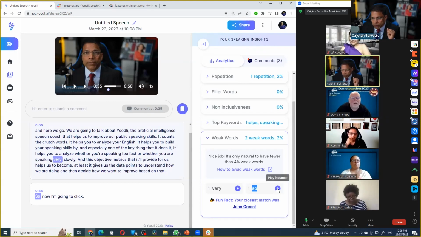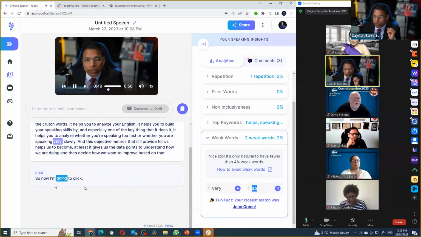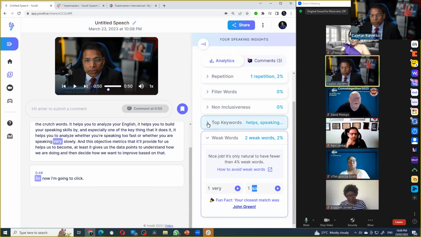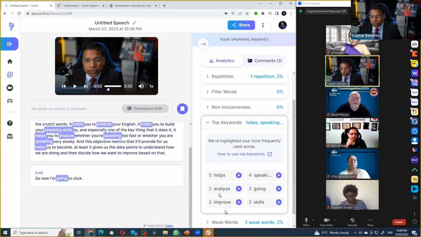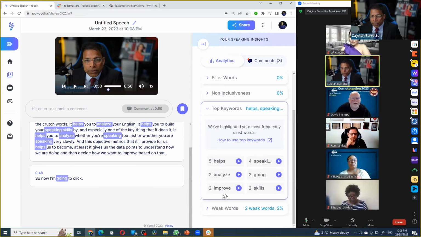Similarly, where did I use the word "so"? Click on play. So it has picked up that. If you have used words that are strong, it will provide them for you. So the top keywords used are highlighted.